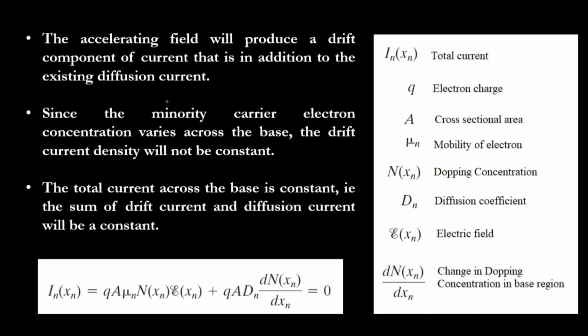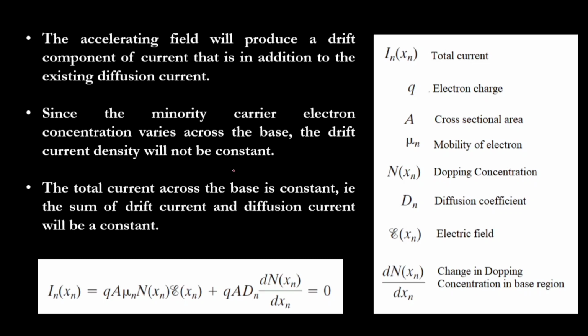Since the minority carrier concentration varies across the base, the drift current density will not be constant. Remember, the drift current will not be constant, because the minority charge carrier concentration inside the base varies.